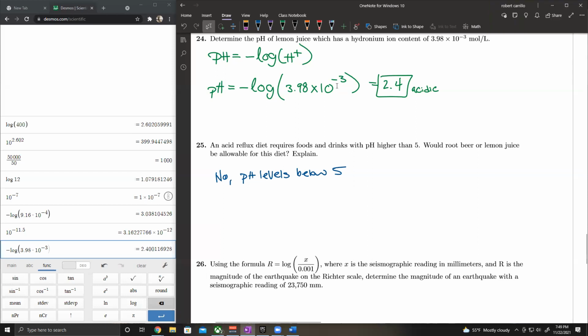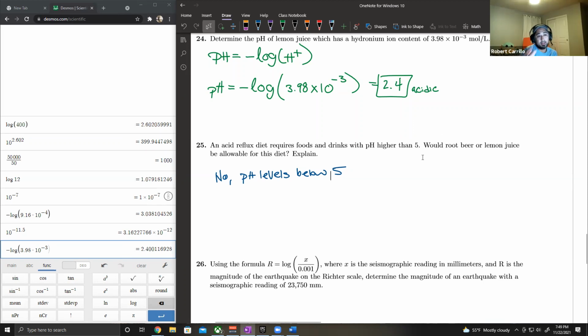Okay. Professor, I have a question. Yes. So that one that we just did, it talked about how the acid reflux diet requires foods and drinks that are higher than 5. Since we do not have any that are higher than 5, would that mean that neither of those things would be good for the acid reflux diet then?